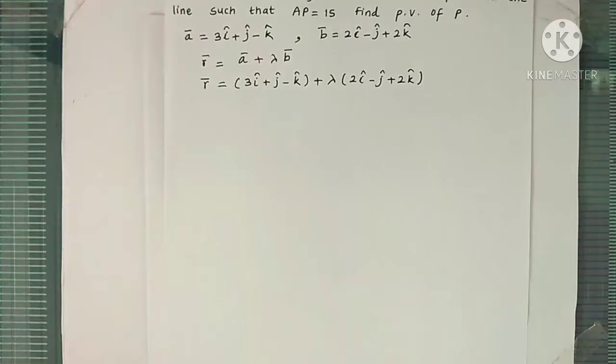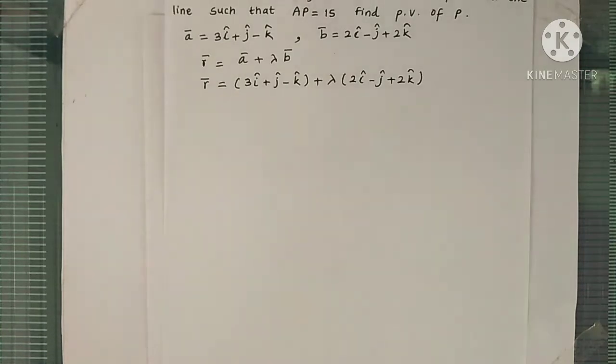So this is the first part of the question, that is the vector equation of the line passing through a point and parallel to a vector. Now the next part is we have to find a point on the line such that its distance from point A is 15.